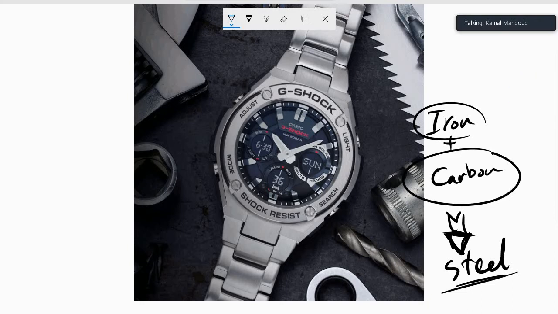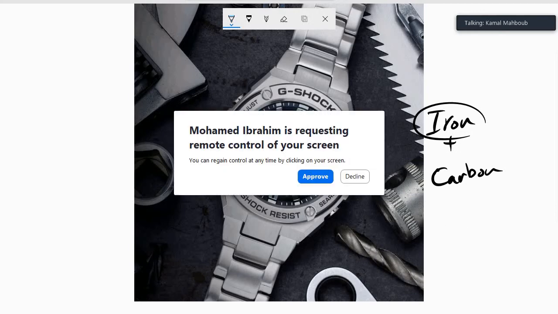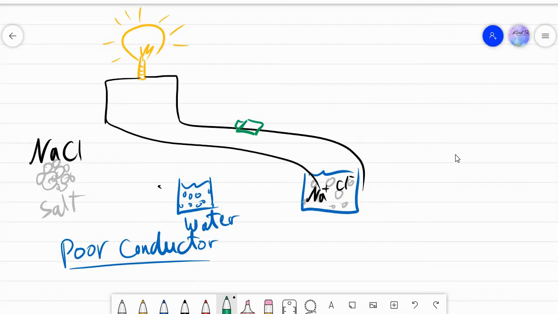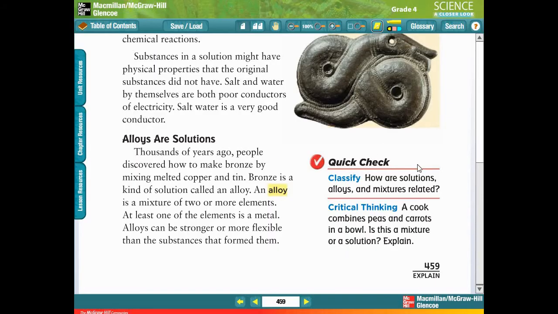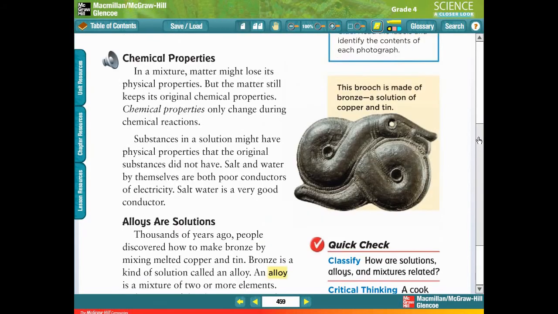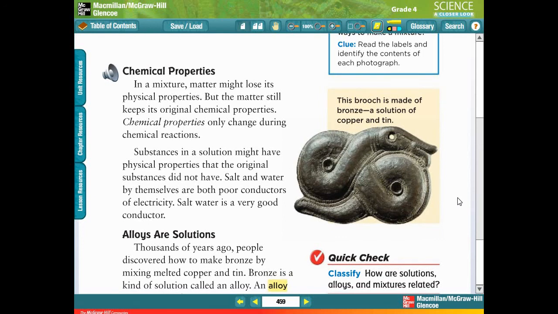Now, I want someone please to tell me some of the physical property changes here in this bronze. Okay guys, as you see here, we have some physical property change, and also in the alloys. Maybe someone of you can see that the bronze is made up of copper and tin, and now both of them have another property.